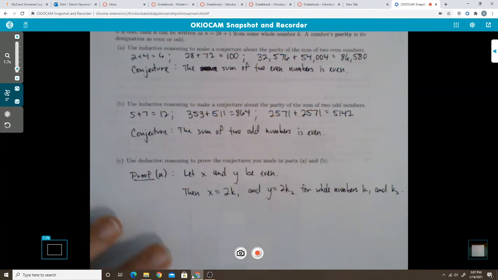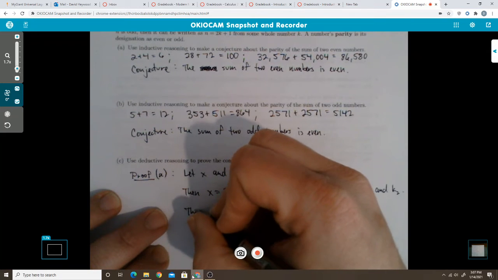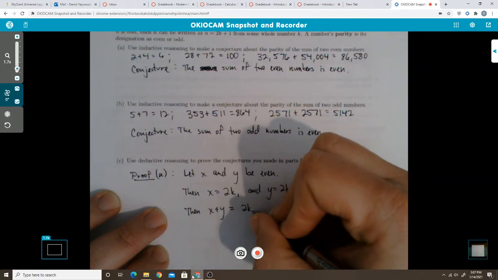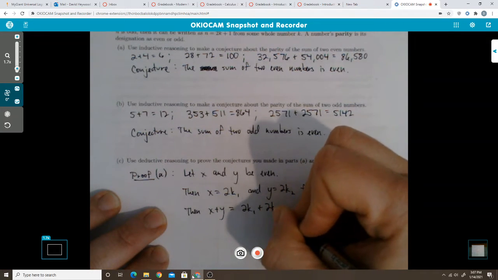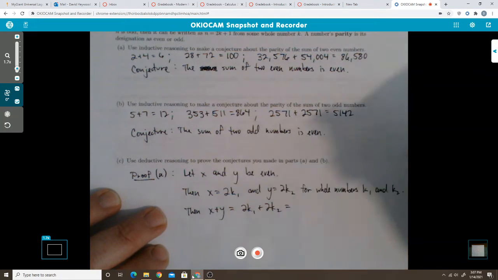Okay, so then we can say, well, what's x plus y? So then x plus y would be 2 times k1 plus 2 times k2, right? Because x is just 2k1 and y is just 2k2. So I'm replacing x with 2k1 and y with 2k2. Now, you may recall the distributive property.